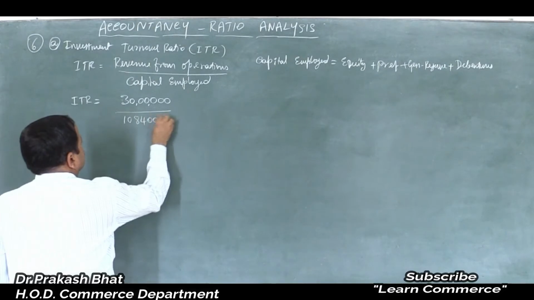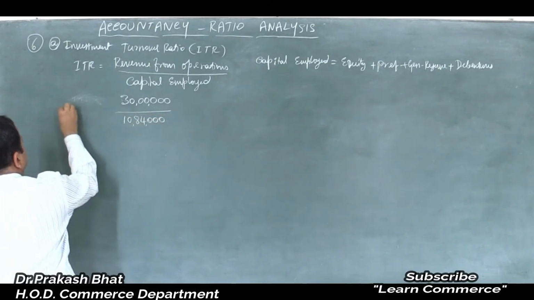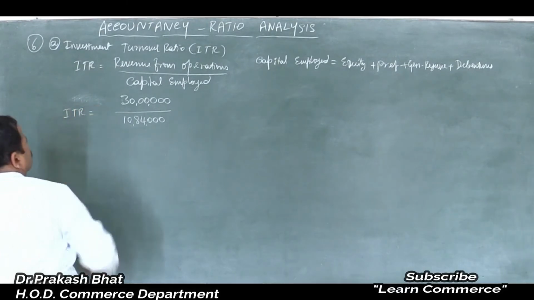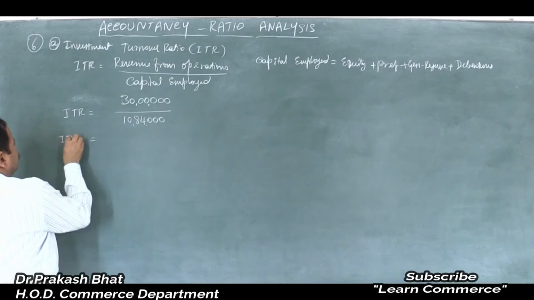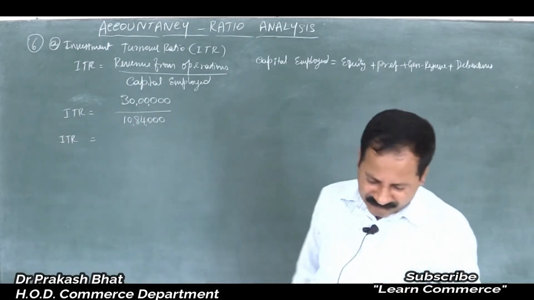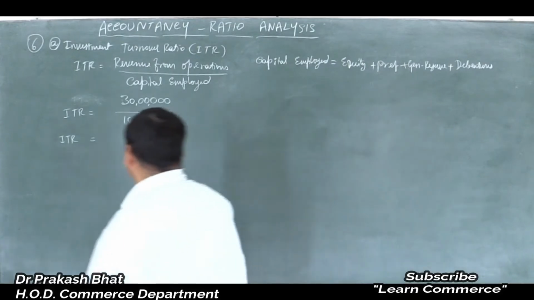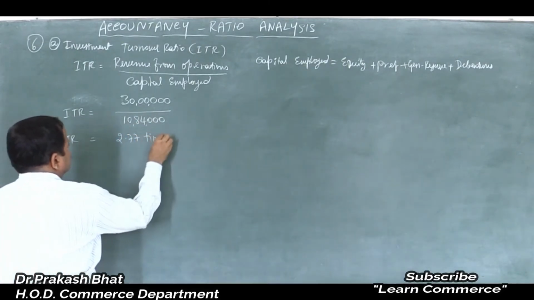So ITR is equal to how much? 2.77 times.